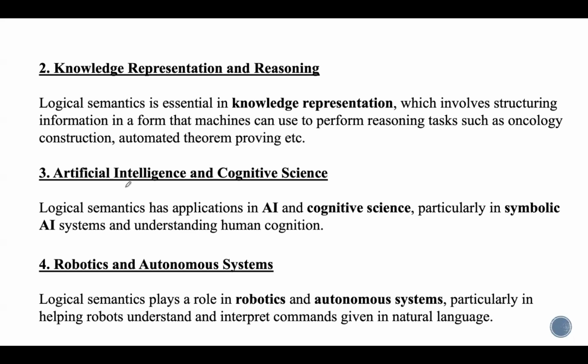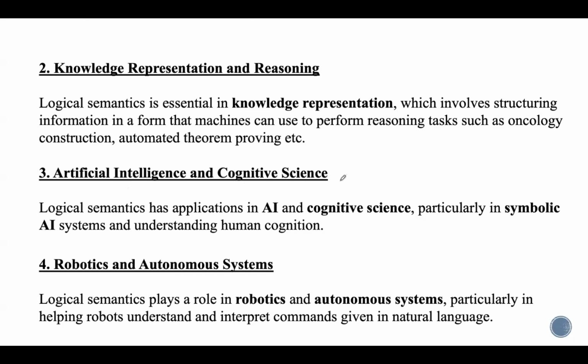If that is a sentence, doctor treats a patient, then these relationships can be used to answer queries like who are the doctors treating patients with cancer, and even automated reasoning. A medical diagnostic system can reason about the conditions under which a patient might be diagnosed with a certain disease based on given symptoms. Logical semantics formalizes the rules that relate symptoms to diagnosis, helping the system make informed decisions.